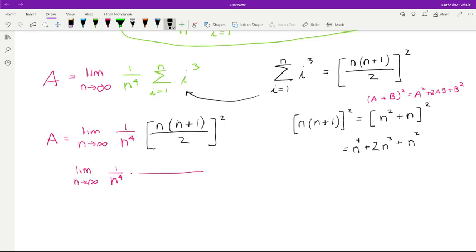The numerator squared was n to the fourth plus 2n cubed plus n squared. And on the bottom, 2 squared is 4. And we can clean it up a bit.